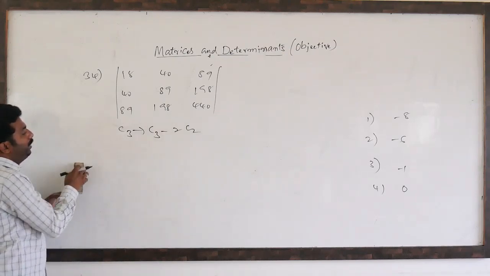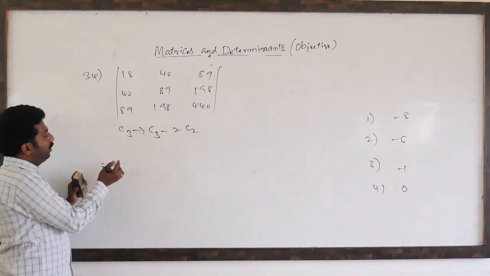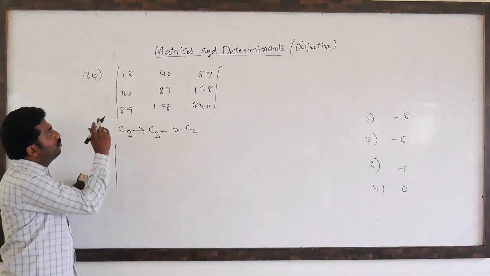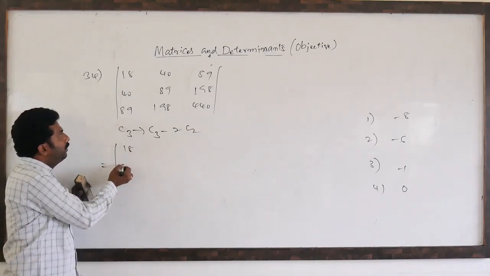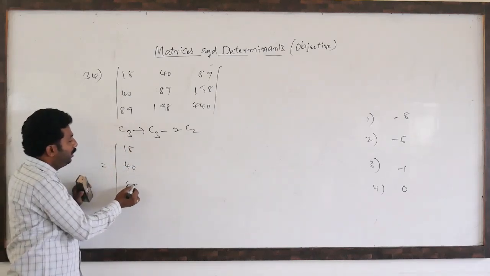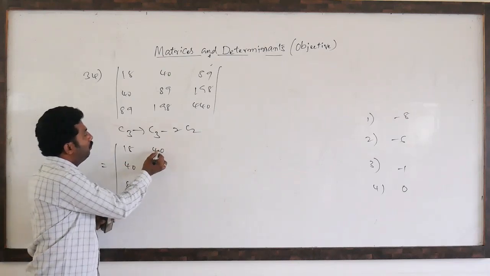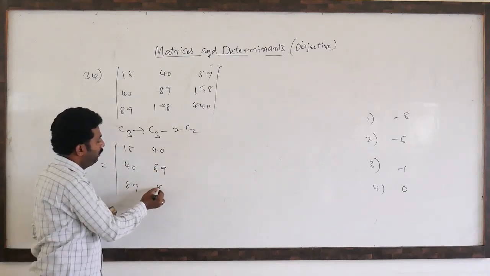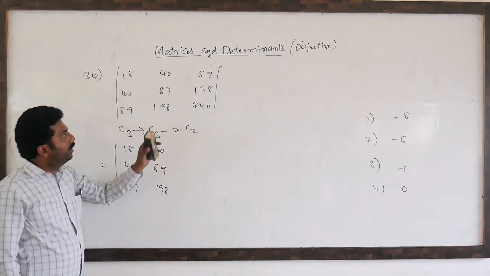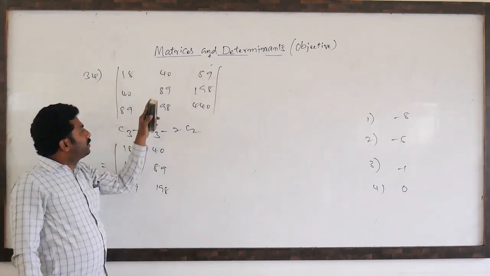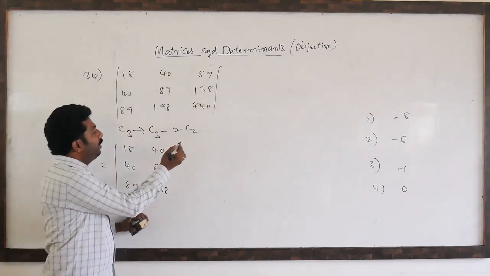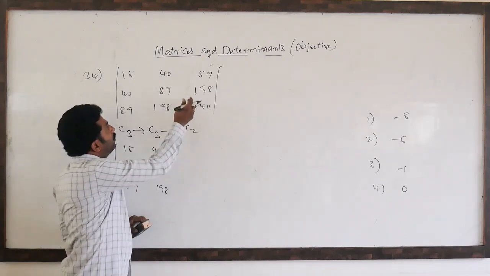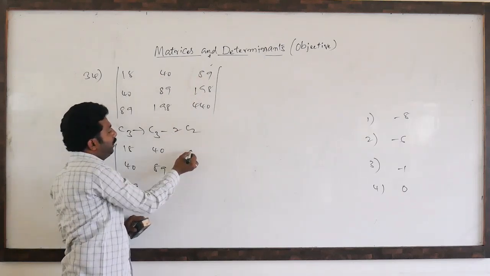Then how to write? No changes in the first two columns: 18, 40, 89, 40, 89, 198. 89 minus 2 into 40, that is 80, so 89 minus 80 is 9.